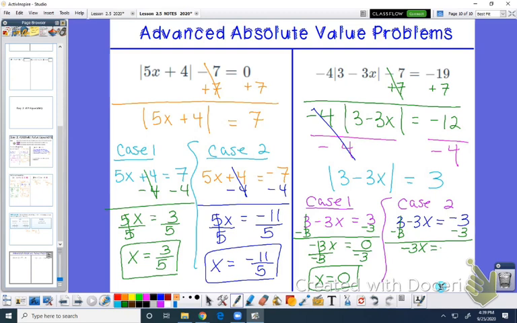And negative 3 plus negative 3 would be a negative 6. And we're going to divide by negative 3. Divide by negative 3. And negative 6 divided by negative 3 is 2, so we have x is equal to 2. So a lot of work, but we have our answers. x equals 0 and x equals 2. And this will complete the video.